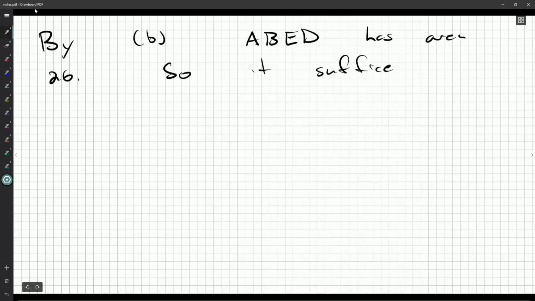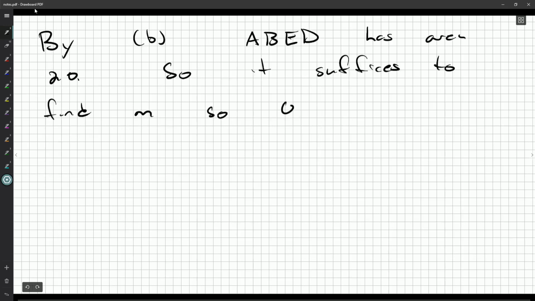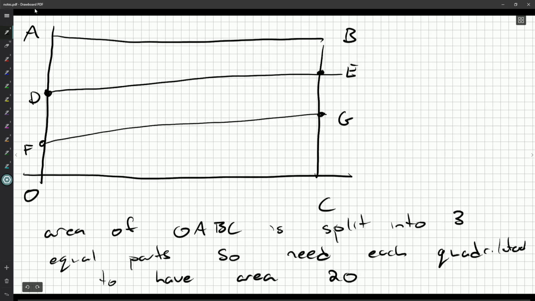So it suffices to find an m so that, what's the bottom one called? OFGC. So we just need that one to have area 20. We know this has area 20, and if we were able to show this has area 20, the total area of 60 would mean that we got 20 left over here. And you could write that down if you wanted to, but I would say it's probably clear.